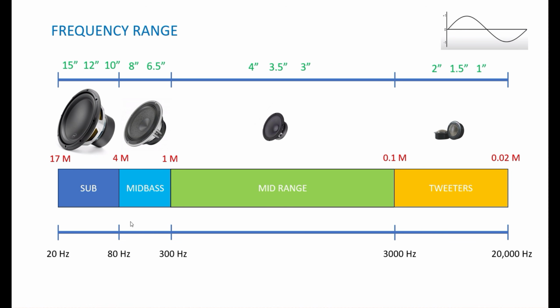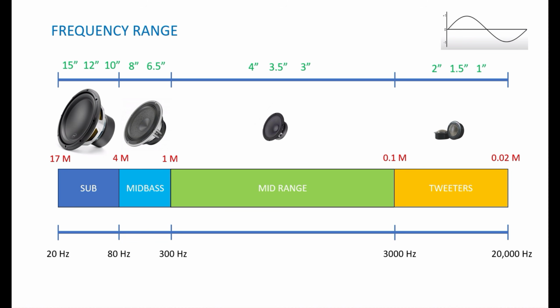It's huge. At 300 hertz, it's 1 meter. At 3000 hertz, it's about 10 centimeters. And at 20,000 hertz, it's about 2 centimeters, right? So very, very small wavelengths at this end, very large wavelengths at the low frequencies, right?